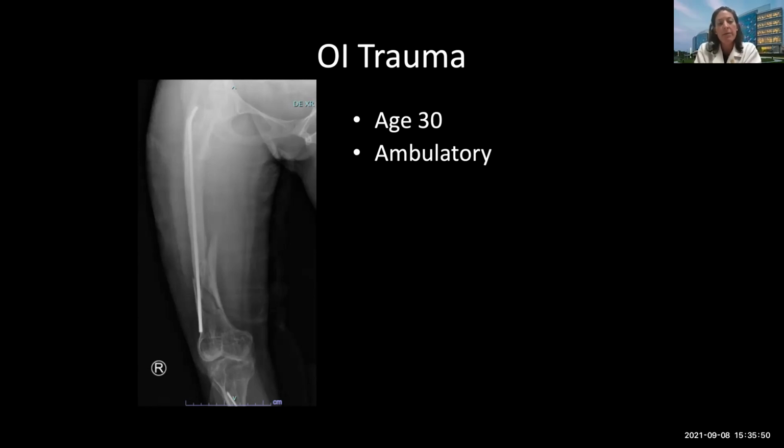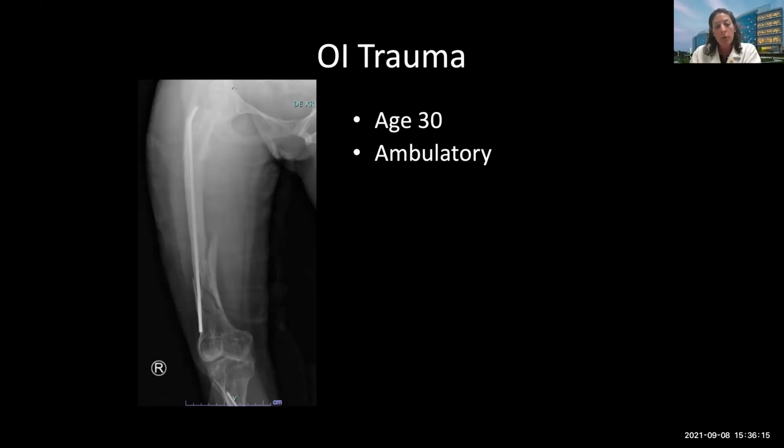So this is a right femur fracture in a 30-year-old young woman. She is ambulatory, and like many young adults, had fairly routine care as a child, but moved on and different focuses in life, and presented with this right femur fracture and in the setting of this small intramedullary rod.